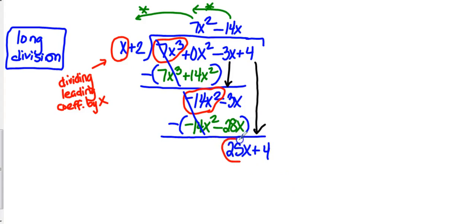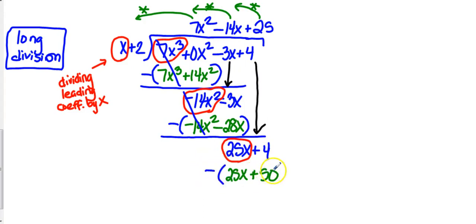This is my new leading coefficient. So once again, x times what is 25x? Positive 25. Multiply that through. 25 times x, 25x. 25 times a positive 2, positive 50.